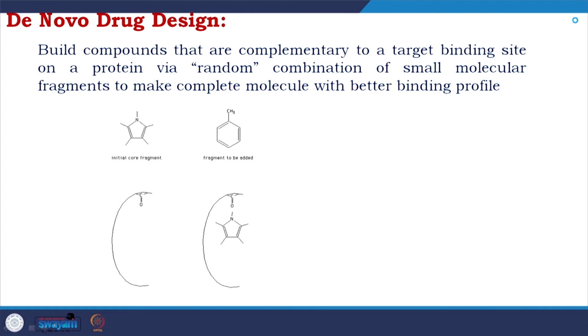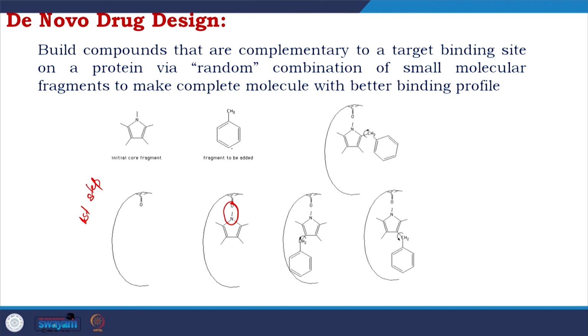So, you see, this is the initial core fragment and this is the biological target. The fragment to be added is this. Initially you see that there is an interaction possible. This is the first step.